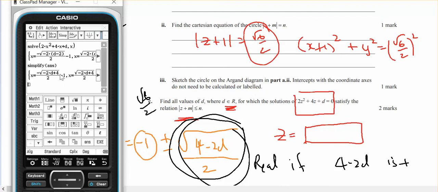So I'll take the positive, not the square root negative, because I could make the negative equal to -√6 on 2.